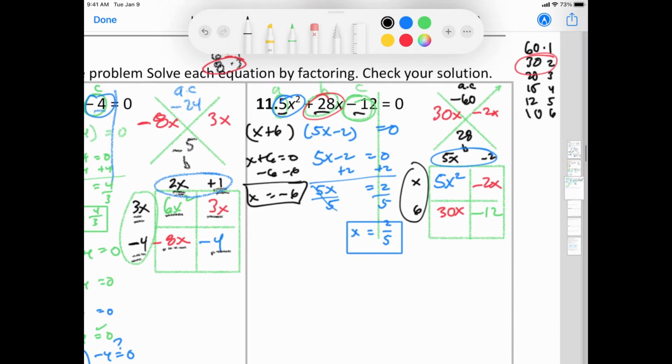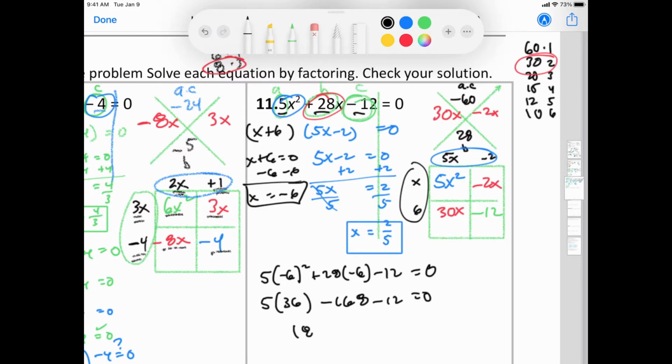Let's check our answer. 5 times negative 6 squared plus 28 times negative 6 minus 12. 5 times 36 is 180. 28 times 6 gives me 168. 180 minus 168 is 12, so 12 minus 12 equals 0.